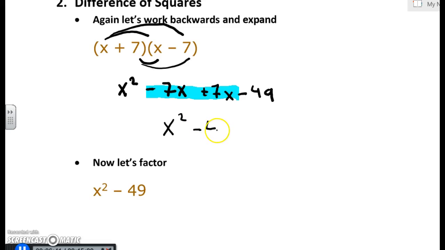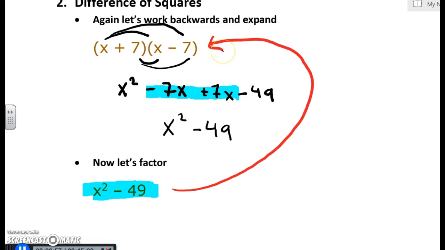And my answer is x squared minus 49. But now, how do we take that x squared minus 49 and go back and factor it and end up with the original two binomials here? Well, here is again a little hint that this one is easier to see, the difference of squares.